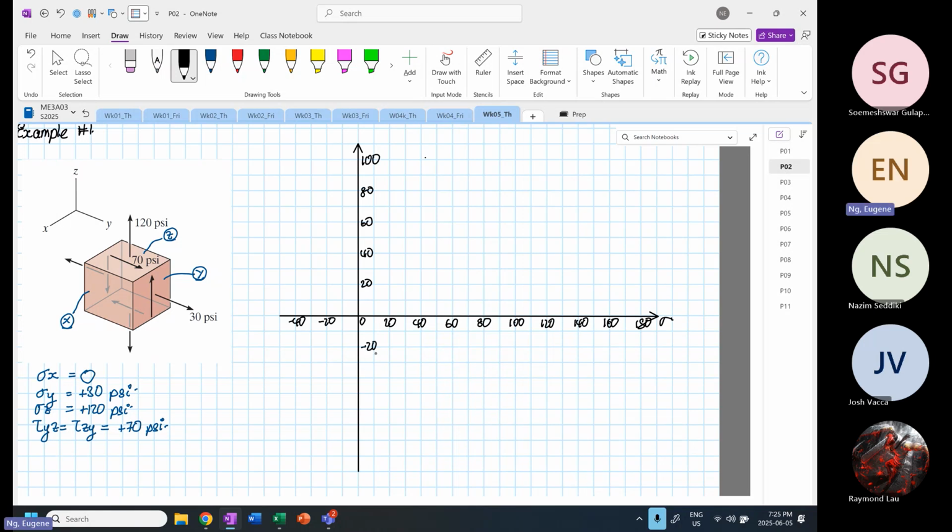So minus 20, minus 40, minus 60, minus 80, minus 100. We have shear, element rotate clockwise, element rotate anti-clockwise.